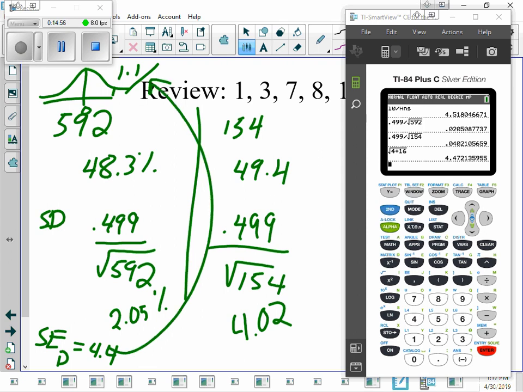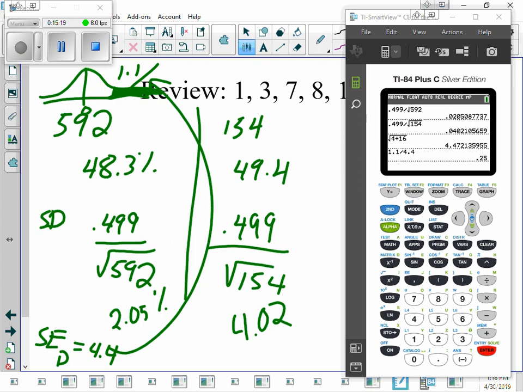So I put that here. 1.1 divided by 4.4 is 0.25. How much area is there to the right of 0.25? A lot, like 40% or something.